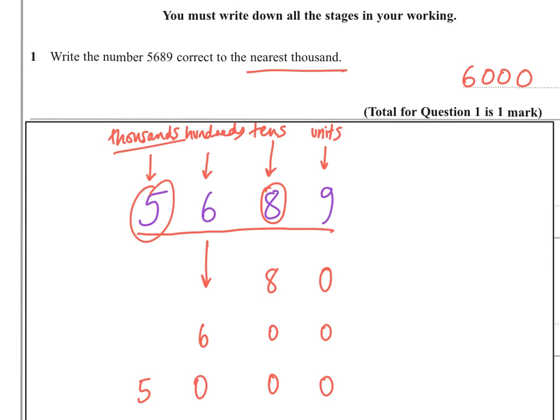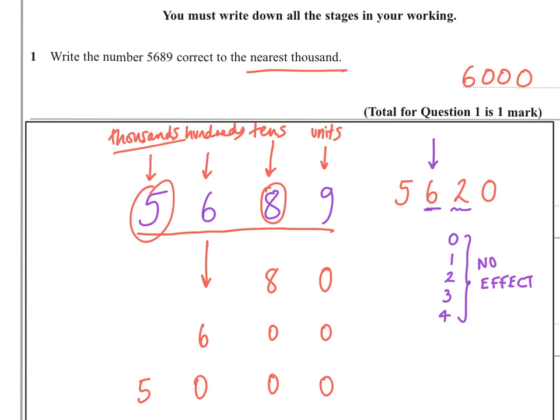And there's a nice way of doing this. Say, for example, you had the question 5,620, and you wanted that to the nearest 100. Well, you look at the hundreds column, and then you'd look at this next number here. And if it was a 0, a 1, a 2, a 3, or a 4, then it would have no effect on this number here.